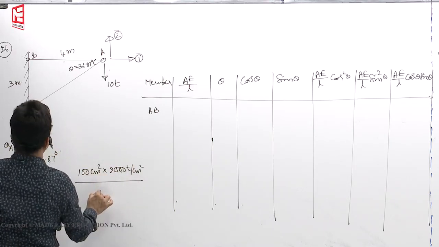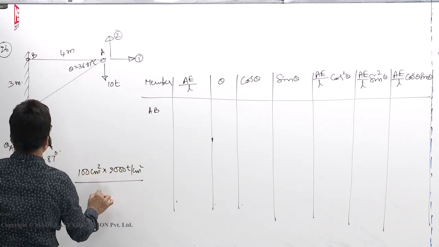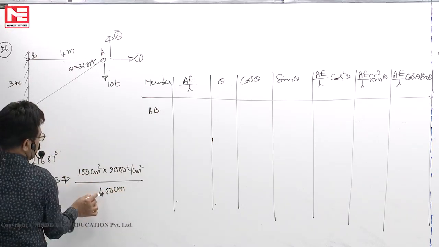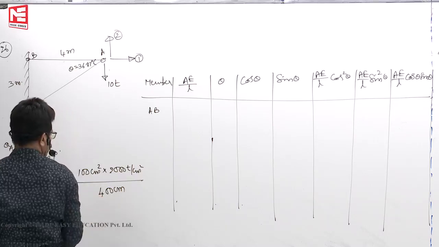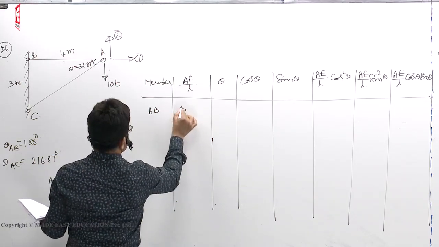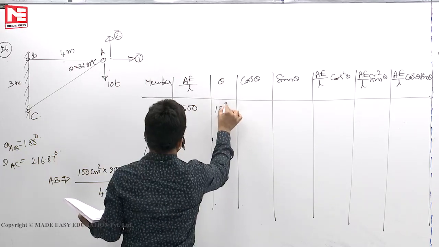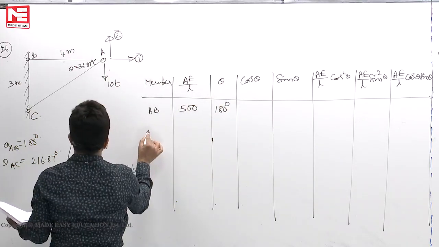AE by L. Length we can take now 400 centimeters. So you will get 2000 by 4 means 500. So this you will get 500. Theta 180 degrees.